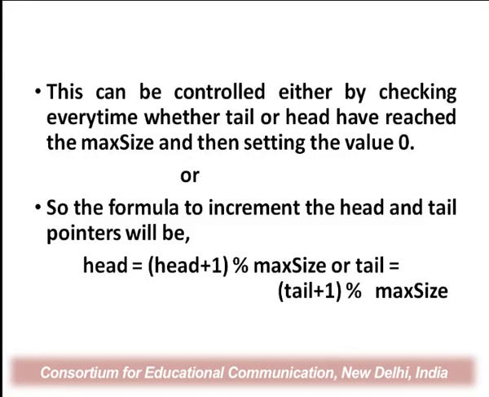The formula to increment the head and tail pointers will be head = (head + 1) mod max size, and similarly tail = (tail + 1) mod max size. This formula will also keep your head and tail pointers within the permissible limits of 0 to max size minus 1.